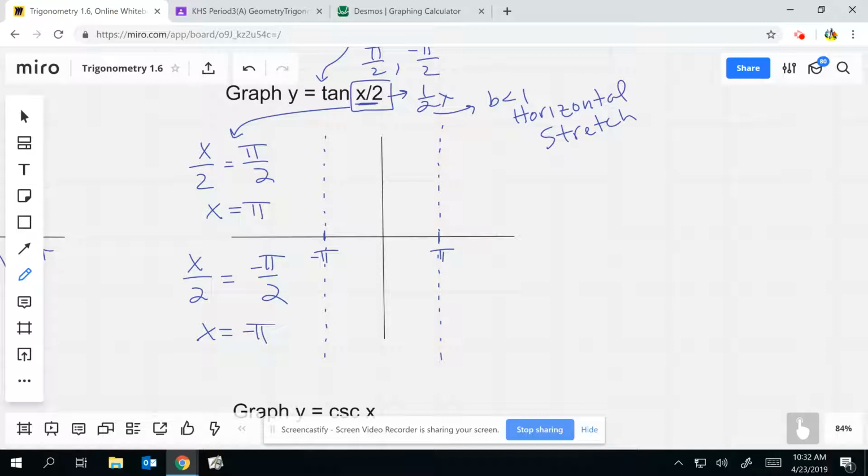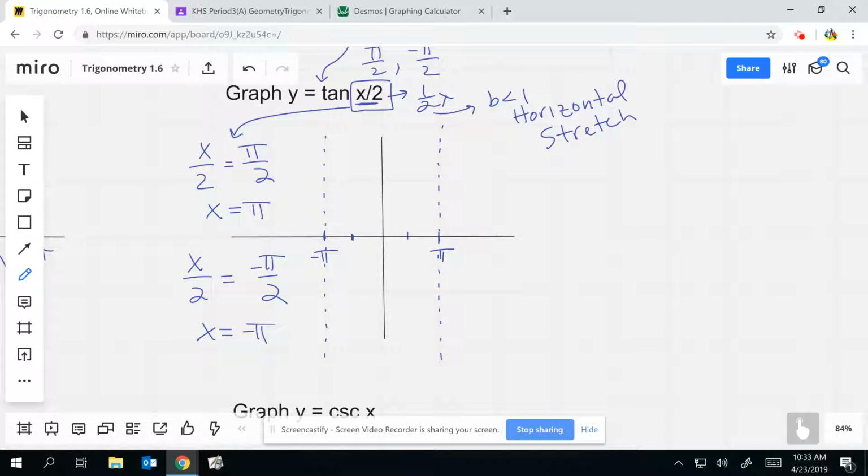That means negative pi over 2 and positive pi over 2 would have been our dotted lines, right? But now we're stretching it open to pi and negative pi. We're pulling it open because it was less than 1. When it was less than 1, we stretched it.